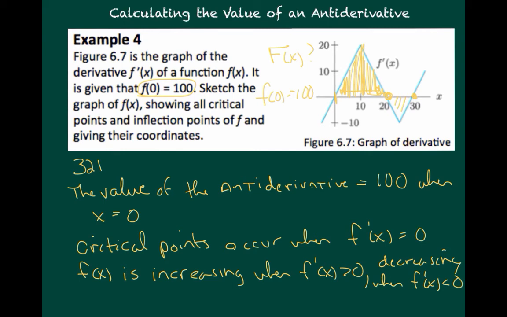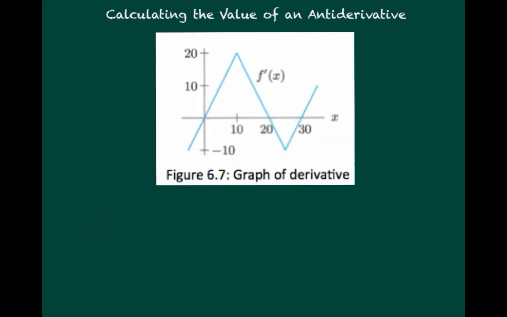Let's take a look at that. Let's review, because it's really important. This is the graph of f prime. And we know that f, which is of course the antiderivative, at 0 equals 100. So since the derivative f prime is positive, we will add all this area underneath the curve in order to determine the value of the antiderivative. Let's first calculate the value here at f of 10.